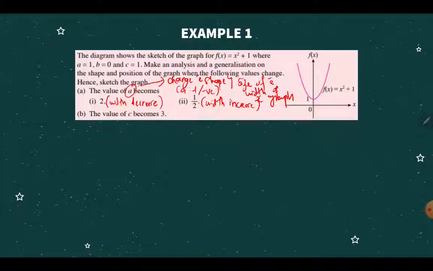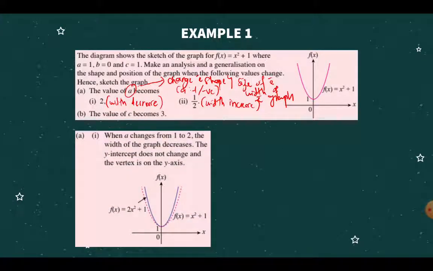Okay, let's look at the answer. See? When a changes from 1 to 2, the width of the graph decreases. The y-intercept doesn't change, and the vertex is on the y-axis.